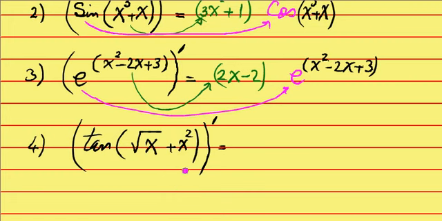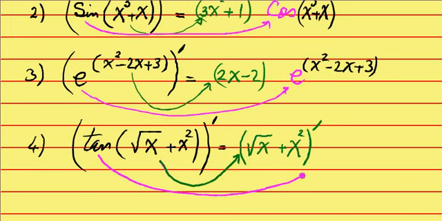We have to worry about this inner function. I was using green color for it. So here is my inner function. I have to differentiate it. Let me not put too much burden on myself and postpone it for next time around. Maybe radical x plus x squared has to be differentiated times a derivative of tangent.